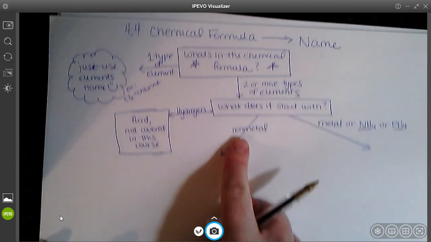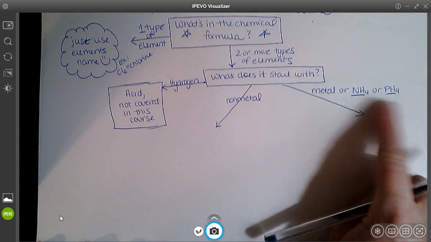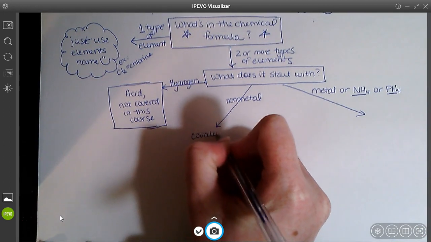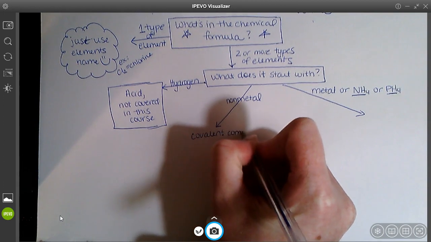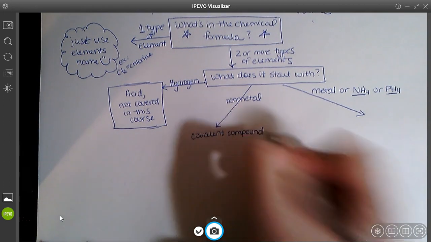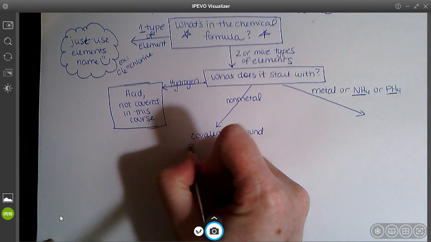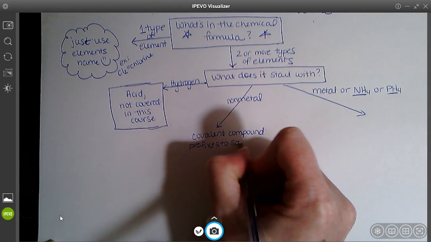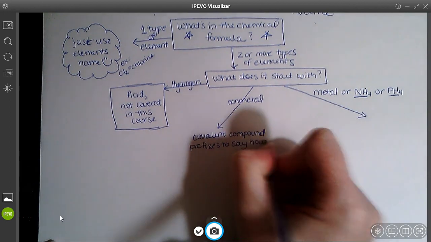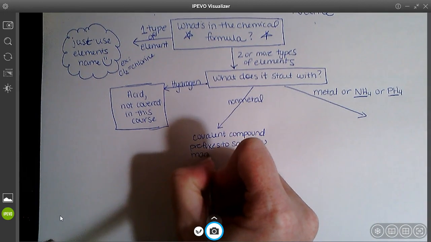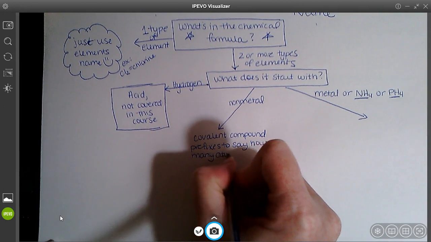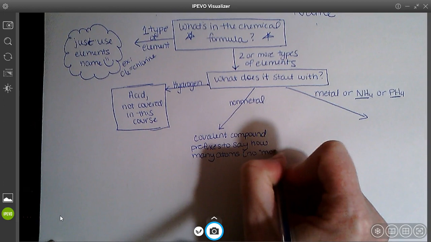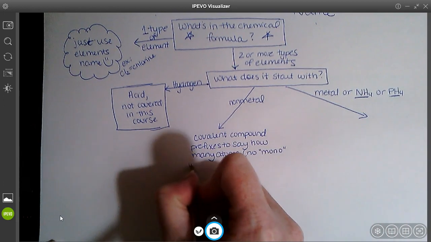If it starts with a nonmetal, besides if it's got an H4 right after it, then this is a covalent compound. We have learned about naming these before. So this is when you use prefixes to say how many, and specifically how many atoms, and then no mono with the first element.